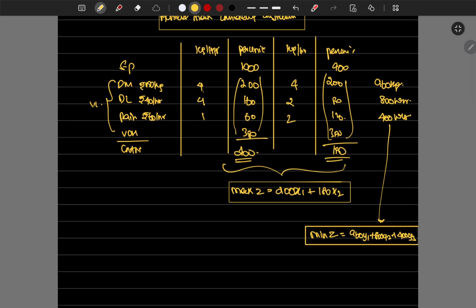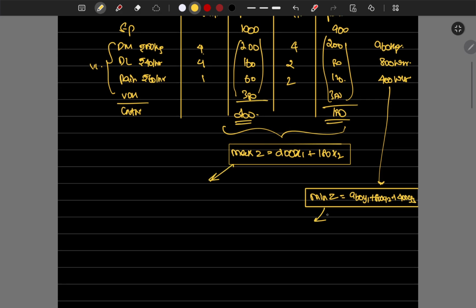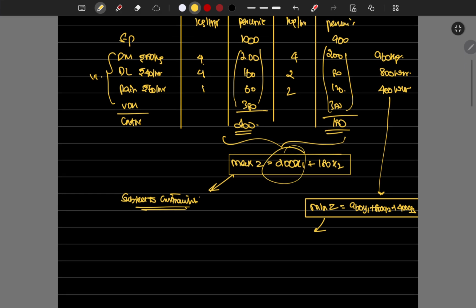Now what's the constraint for this? Subject to constraints. To achieve this 200x1, he has to incur direct material, direct labor and painting.